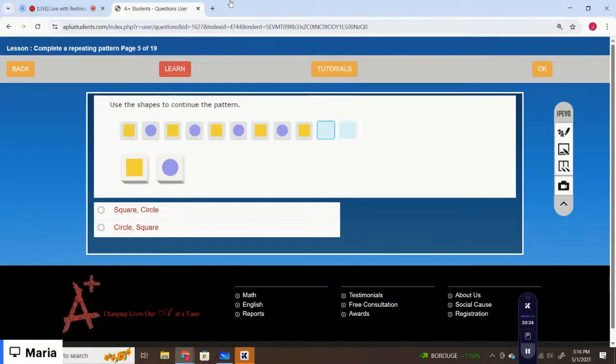Option number 2 is the correct option, circle and square.